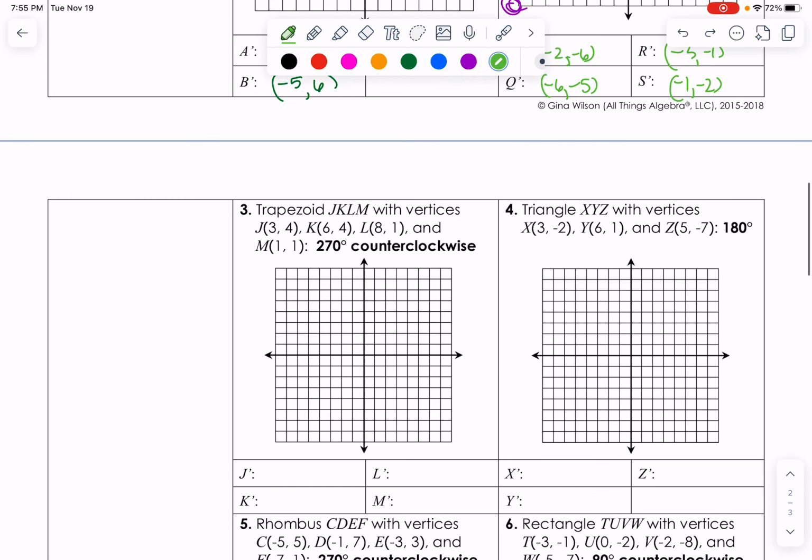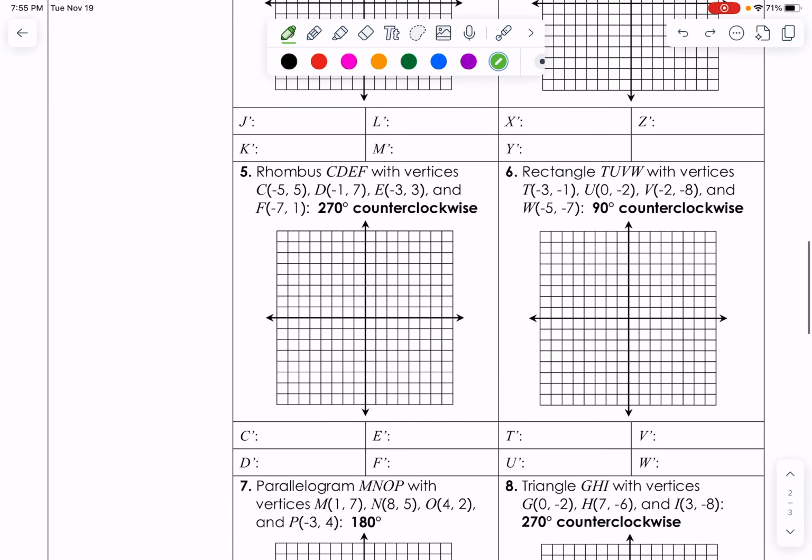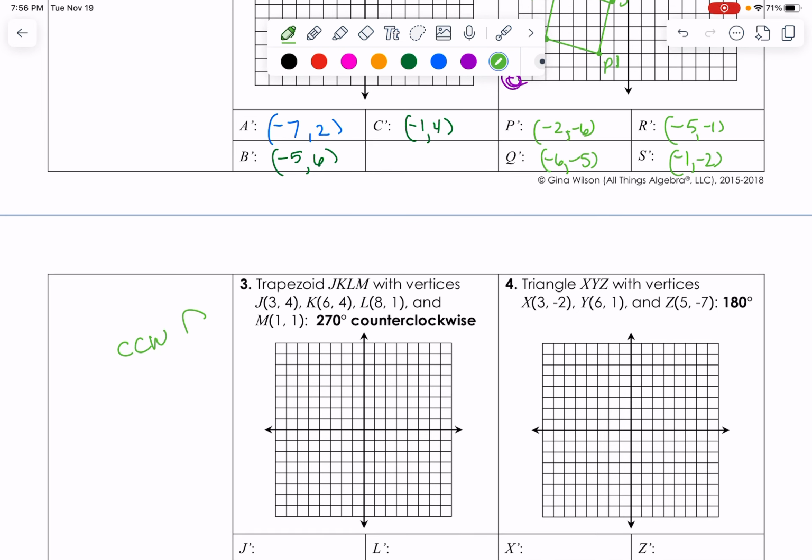Now let's look at 270 counterclockwise. So 270 counterclockwise, this time they change positions and the x changes sign. So remember, counterclockwise, that goes like this. And we go from x, y to y, negative x.